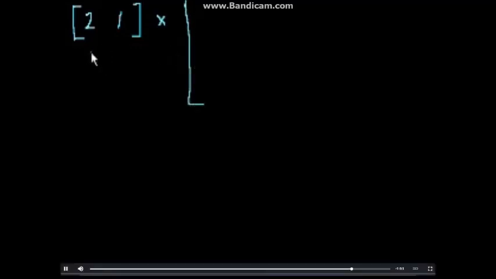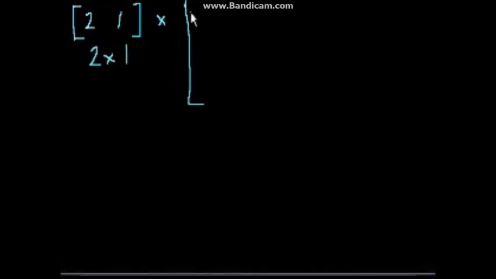And let's say that I wanted to multiply this times, I don't know, so this is a 2 by 1. So let me think of something. 1, 2, 3, 4, 5, 6.